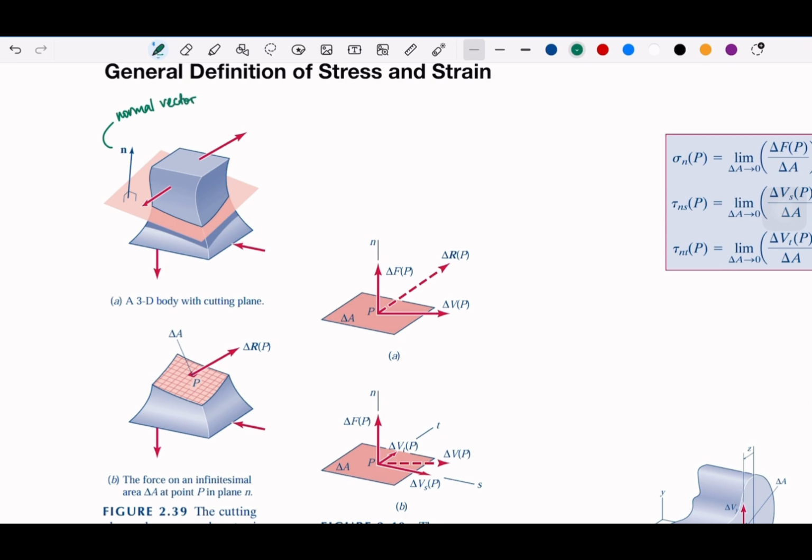So we start with the force vector. The force exerted at P, and on, let me write, infinitesimal delta A of a plane.